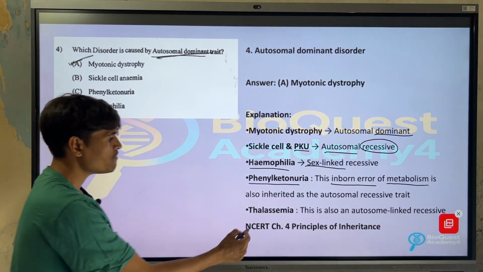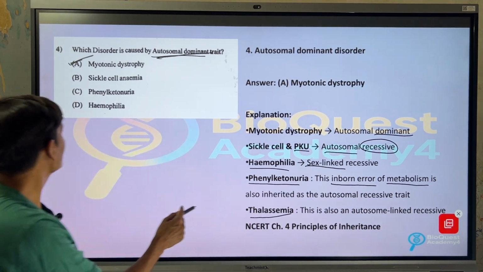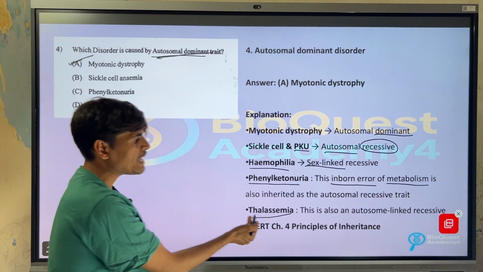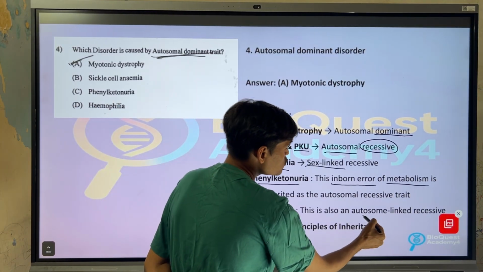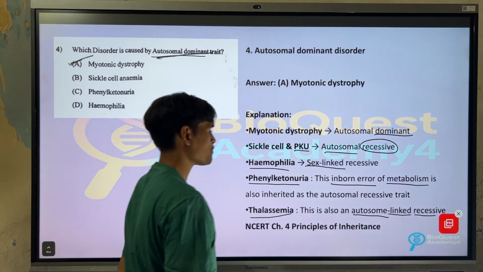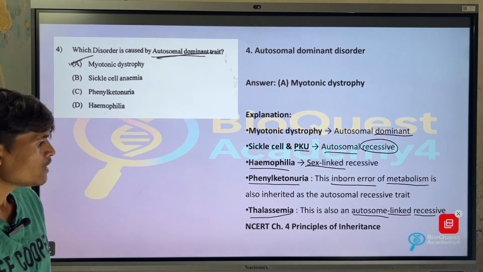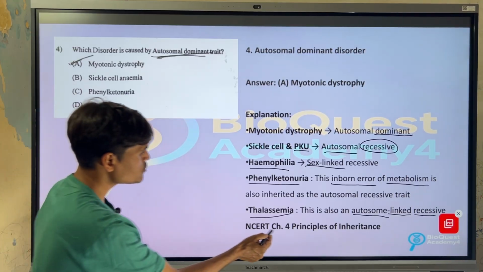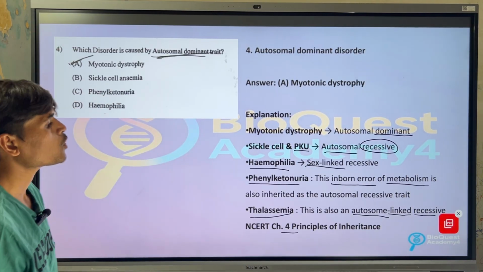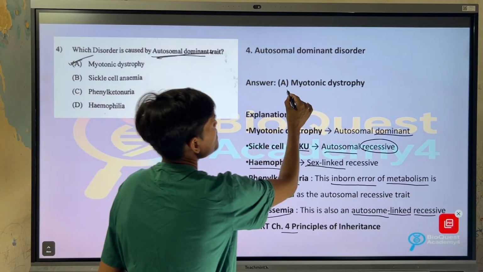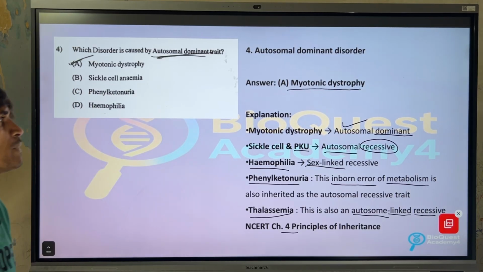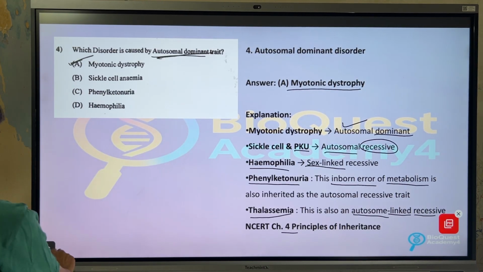Thalassemia is not here as an option, but thalassemia is also autosomal linked and that too recessive. This is a question from chapter 4, principles of inheritance. But the answer is myotonic dystrophy. It is an autosomal dominant trait.